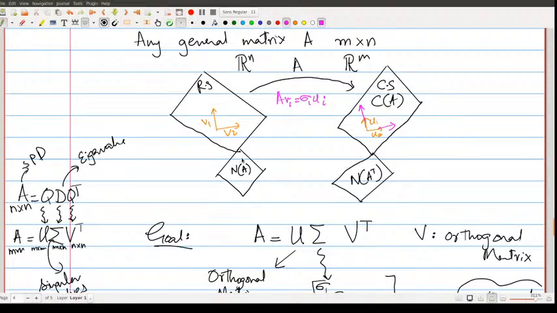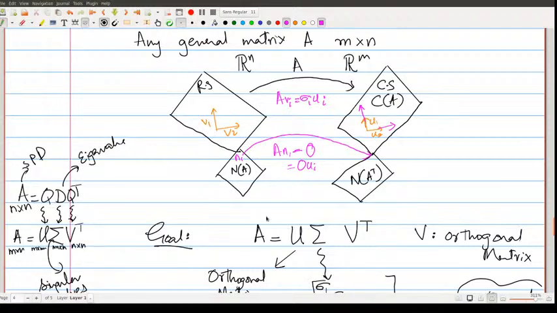What about these ones? If there's some vector here, let's call this n1, then A times n1 is going to give me 0, which is just 0 times any Ui.